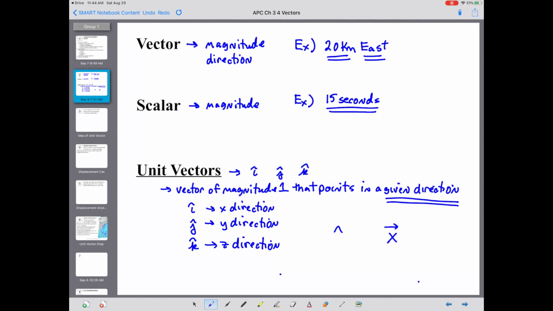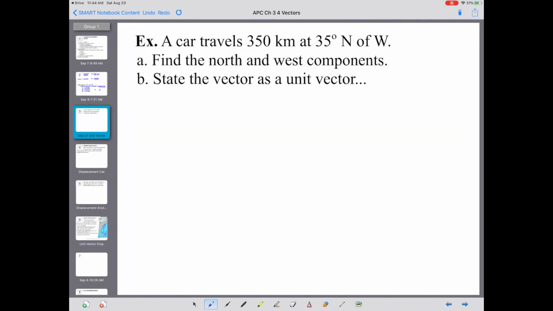Now, let's take a look at an example and kind of relate what we did last year to how we're going to express it this year. So a simple case. Car is traveling 350 kilometers at 35 degrees north of west. Well, if we drew this out, we would draw our coordinate system, our frame of reference. 35 degrees north of west, I would come here to west.